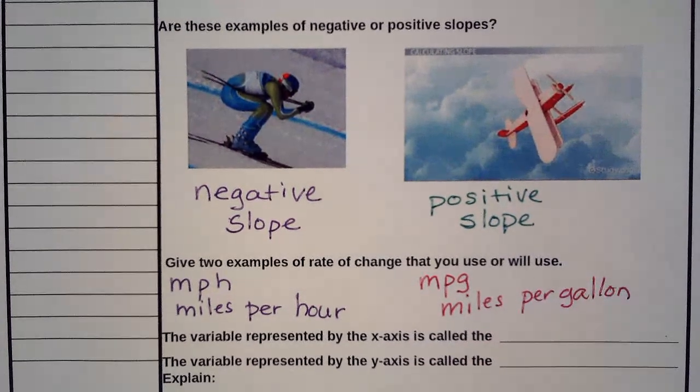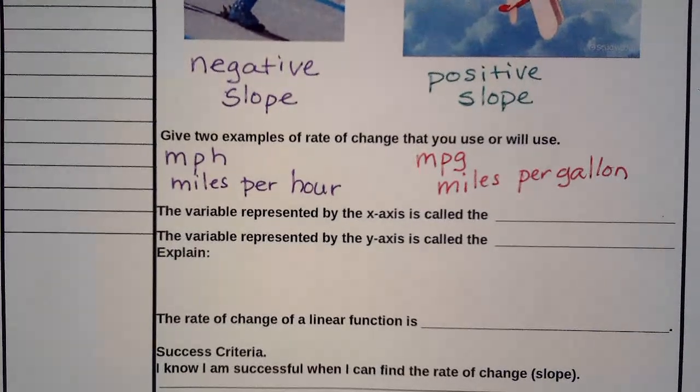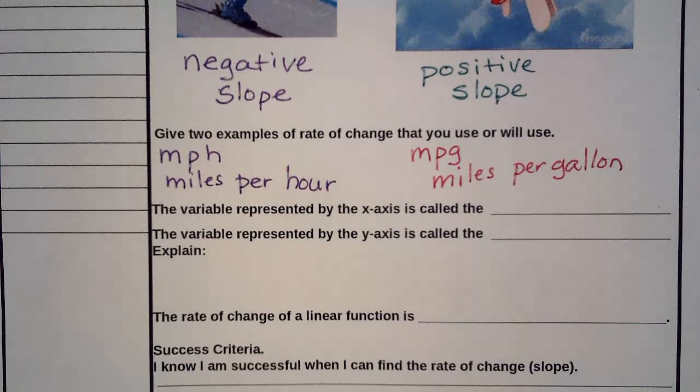If you have a good MPG, you don't have to spend as much filling your tank all the time. So my vehicle gets between 30 and 40 miles per gallon. That makes it nice because I only have to fill my tank about every other week.